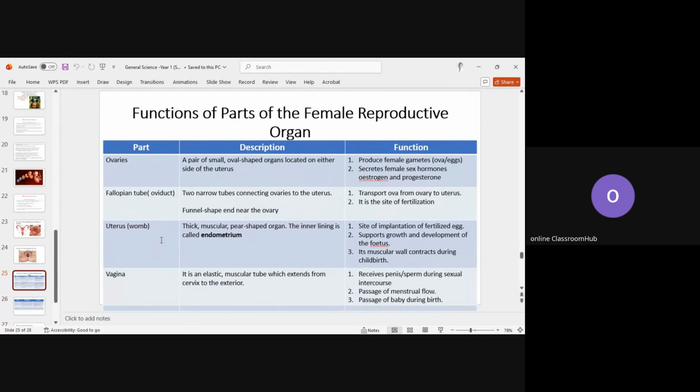That is where implantation occurs, where the baby gets its food. And it is the uterus that will contract to push the baby out during birth. So when they say push, push, push, it is the uterus that is pushing the baby out.